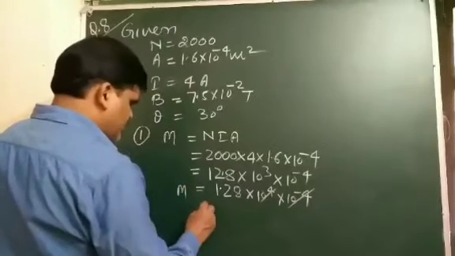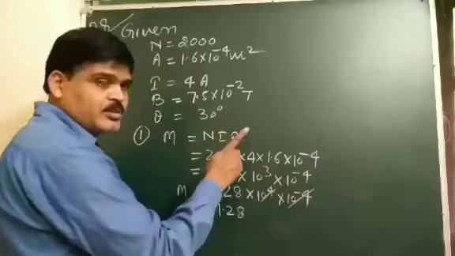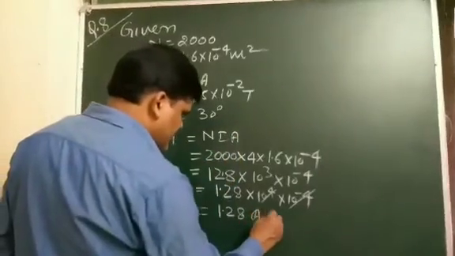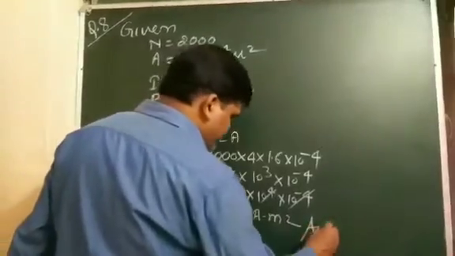So M comes out to be 1.28 ampere meter square, or joule per Tesla. This is the first answer.